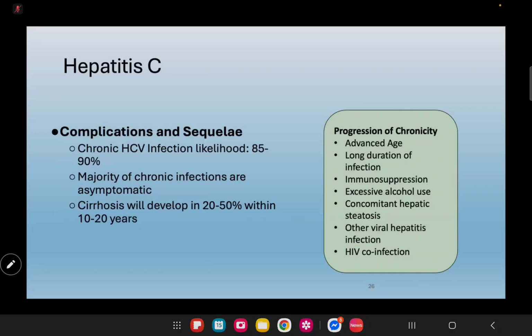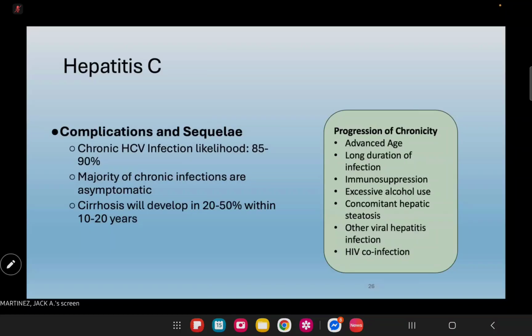There are several factors that increase the risk of progression to chronic liver disease. It includes, number one, older or advanced age, a longer duration of infection, immunosuppression, history of heavy alcohol use, fatty liver, or co-infection with other viruses such as Hep B or HIV.